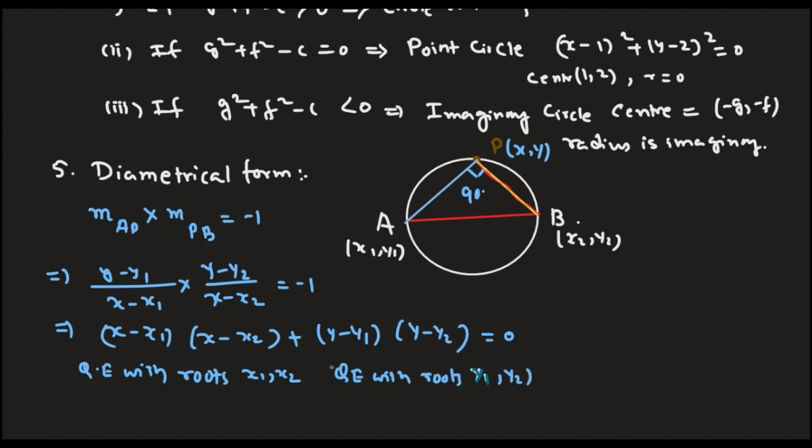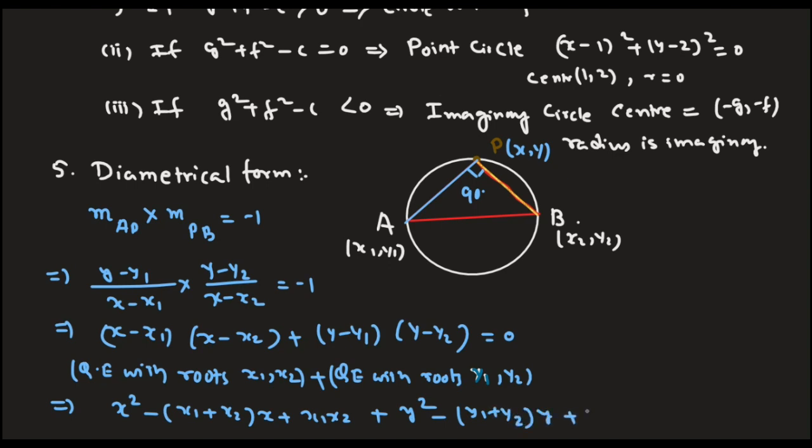So now I want to express this result as a quadratic equation. It is x square minus the sum of the roots, x1 plus x2, into the variable, plus the product of the roots, x1 x2. Here I use y square minus the sum of the roots, y1 plus y2, into y, and then the product of the roots, that is y1 y2, which is equal to 0.